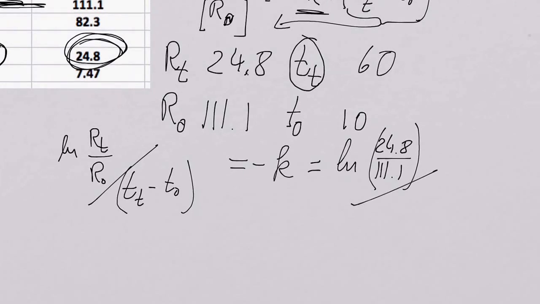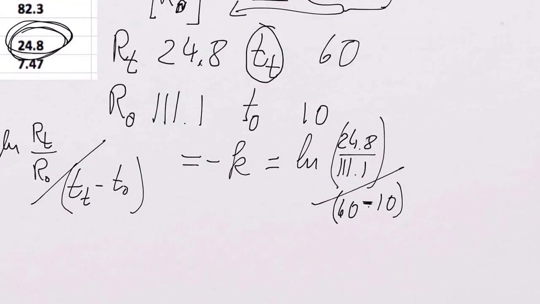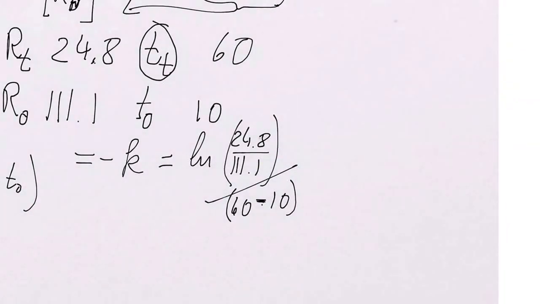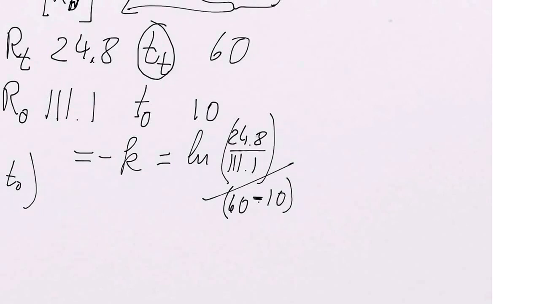And then do 60 minus 10. Make sense? The whole thing? Let me see. I think I have done that before. Anyone got the calculator out? I see Anton is working very hard on the calculations.